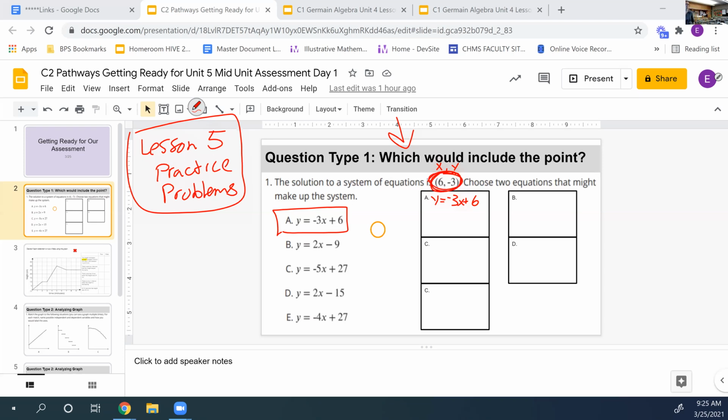What's my y value? So -3 is equal to -3 times x. What's x going to be?